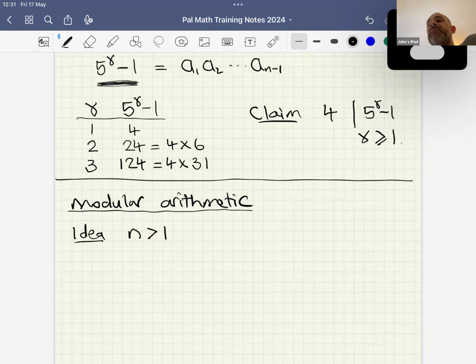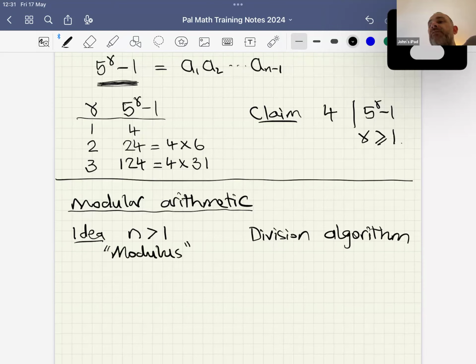And if you remember from last week, we had the division algorithm. So n here, we're going to call the modulus. We're going to fix n. The division algorithm says the following. Say we've got an integer a, and let's just assume it's greater than 1.